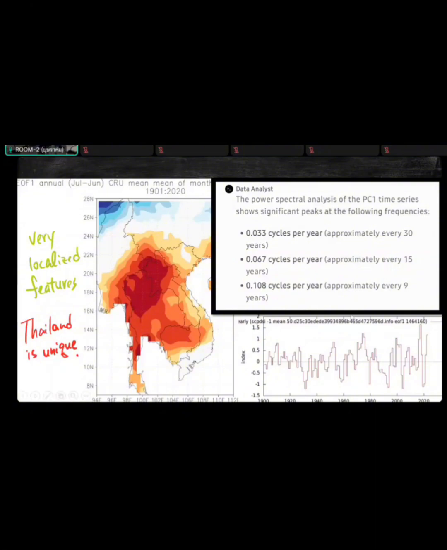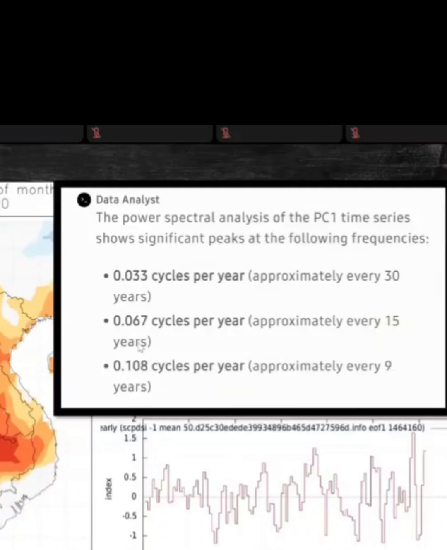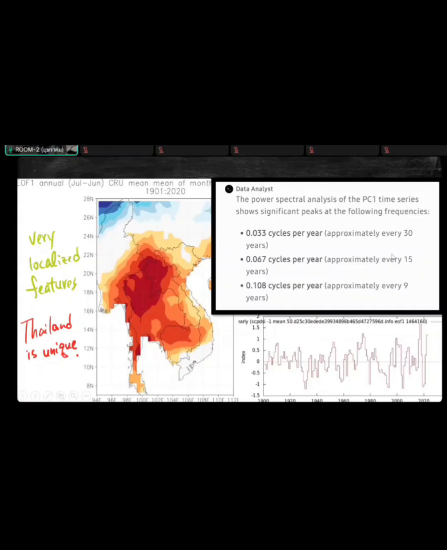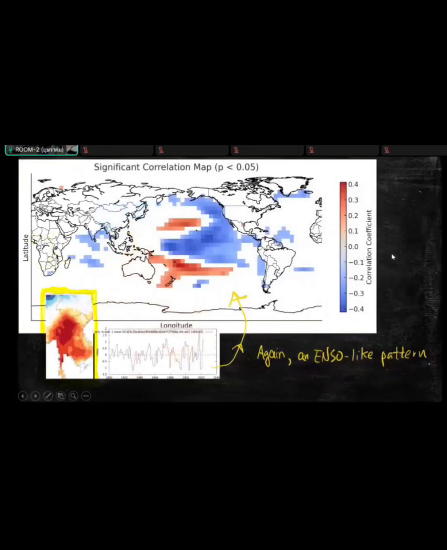Then you can also compute the spectral analysis. It says that you have different significant frequencies. So we have about 15 years of a cycle, 9 years of a cycle, or 30-something years of a cycle, right? Similarly, then we can use this index to correlate with the entire world's ocean.